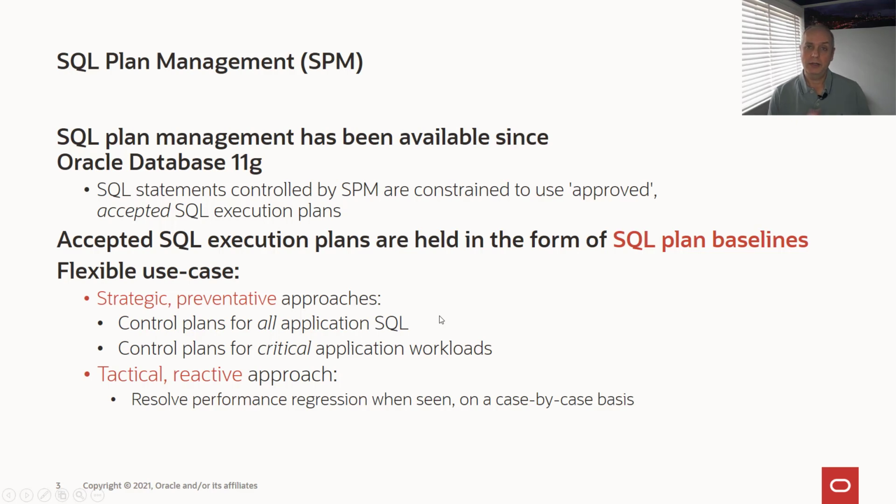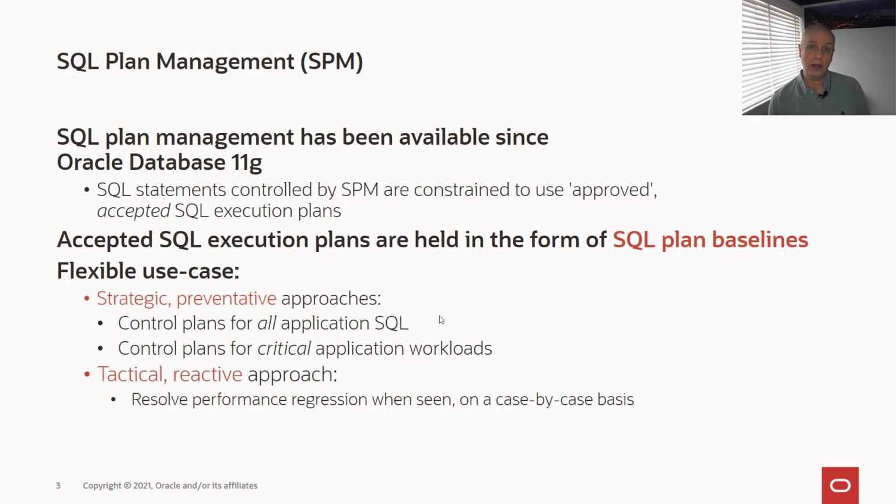So the idea behind it is that you can control all SQL execution plans for your application proactively. In other words, it's a preventative measure where your application has a particular set of SQL, you control that SQL and ensure that execution plans never regress in terms of performance. Perhaps slightly more common is that a lot of customers use it for critical application workloads, so you'll use it in the core of your application.